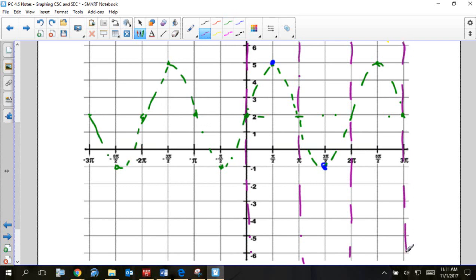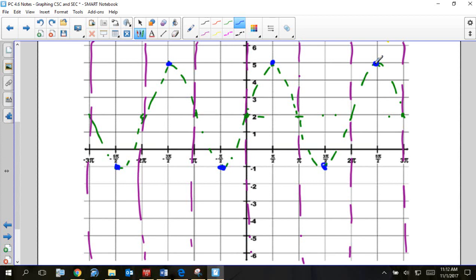I'll finish my asymptotes and finish my dots. And how can you describe which way these open? When they open, they go away from each other, up or down.